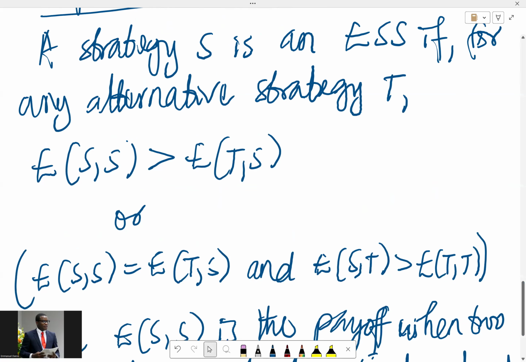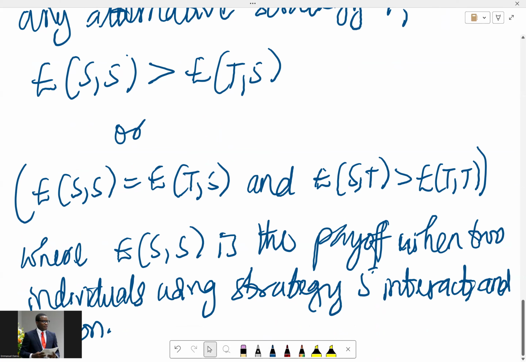To unpack this, it means this is the expected payoff when two players using strategy S interact. And E(T,S) is the payoff when two players interact, where the first player is using strategy T and the second player is using strategy S. The expected payoff for the two of them using strategy S is greater than the expected payoff when the first player uses strategy T and the second uses strategy S. That shows that strategy S is the dominant strategy. That's why it is said to be an evolutionarily stable strategy.